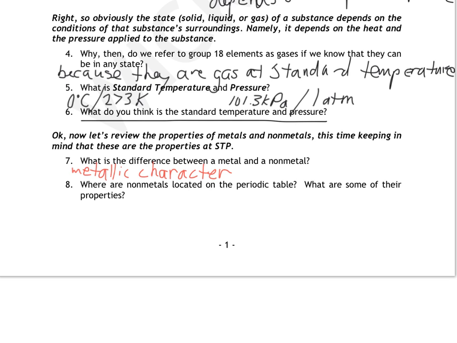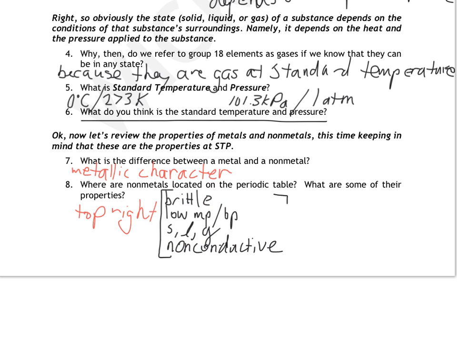We'll find nonmetals on the periodic table on the top right, and some of their properties I will write in right now. So they're brittle if solid, they have low melting points and low boiling points. They could be solid, liquid, or gas, and they're not conductive in their typical states.